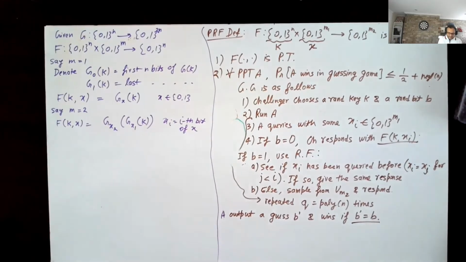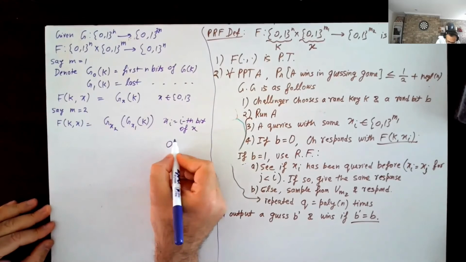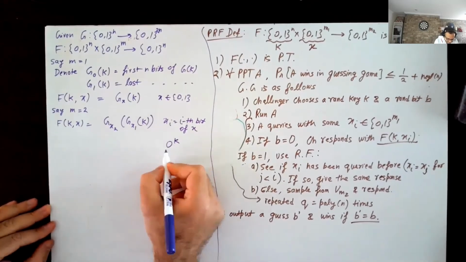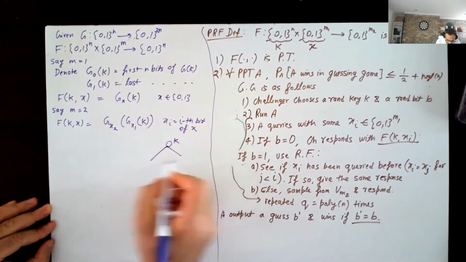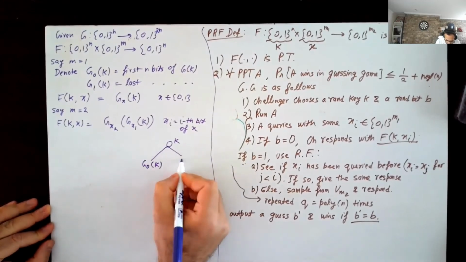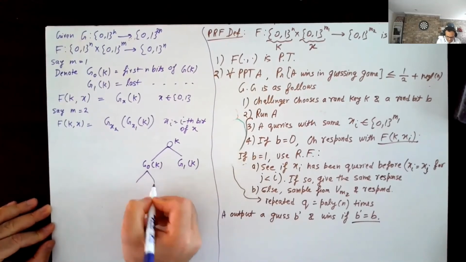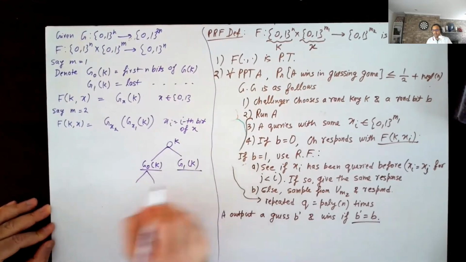So I can write it in the form of a tree. This is your K, and this is G0 of K and G1 of K. Now again, these are n-bit seeds.